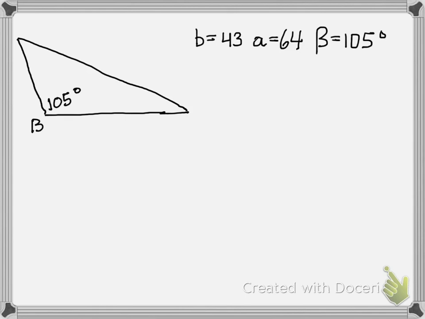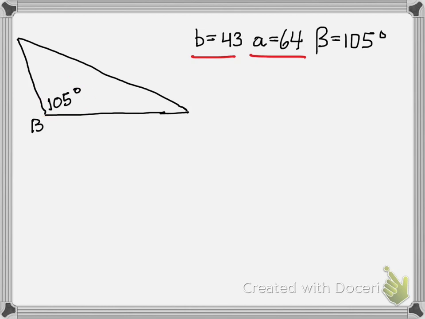So I'm already seeing a problem here, right? Is there any way that side A could be longer than side B? There's no way I can have an angle that's more than 105 degrees, because if I have an angle that's more than 105 degrees, that's more than 180 degrees total.